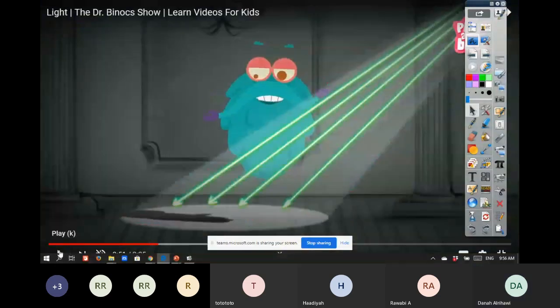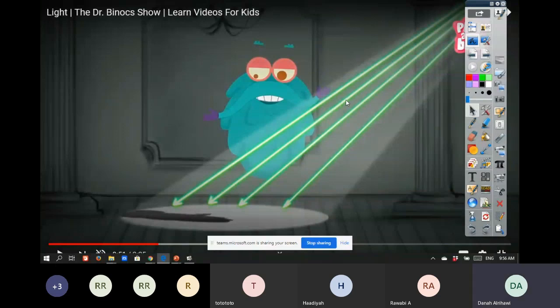Now, the main source of the light is the sun. The sun gives us two kinds of energy, the light energy and the heat energy. Now let's focus on the light energy. We said that the light energy passes through lines as a wave.